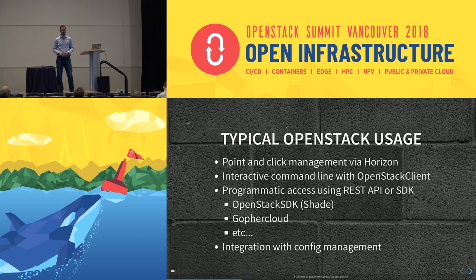There are different command line tools. There are different config management systems like Puppet and Ansible, where there's been a lot of work done to integrate Cinder and block storage provisioning into those. So you don't necessarily have to think of Cinder as just an extra tab in Horizon. There are a lot of ways to access that, and I'm going to show a few here. I'm showing code, so hopefully that doesn't scare anyone.